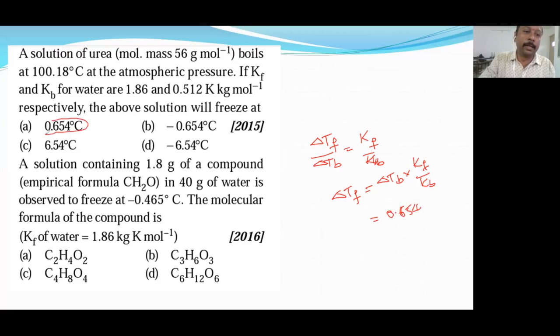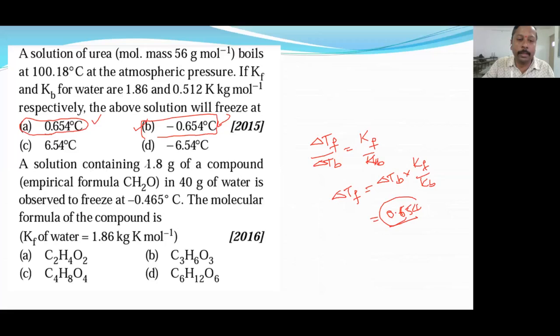Immediately people start answering 0.654. So this much is the decrease. So the answer will be minus 0.654. If the question is what is the depression in freezing point, then the answer will be 0.654. If it asks what is the freezing point, then the answer will be minus 0.654.